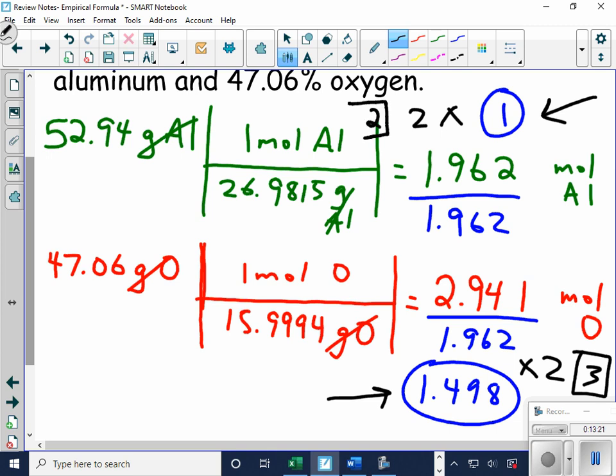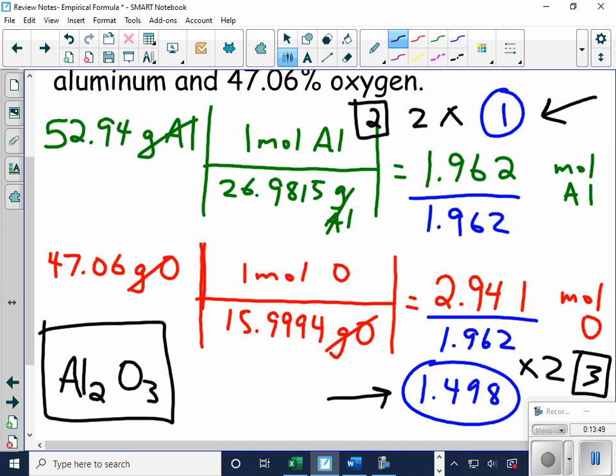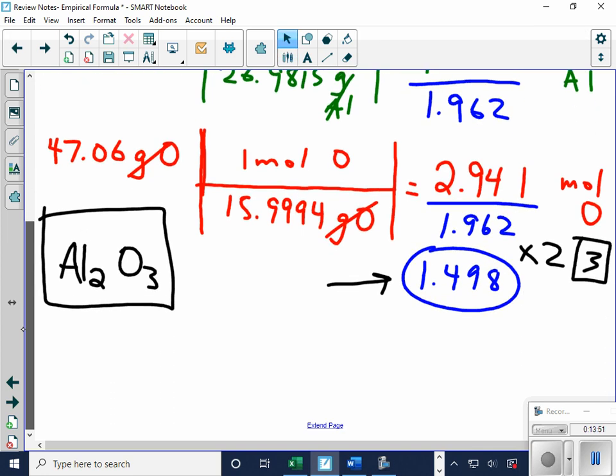That's going to give me 2. So now my numbers in my boxes up there are going to give me my empirical formula. So my Al is going to be 2, because that's what my box says. My O is going to be 3. Well, once again, there's my empirical formula.